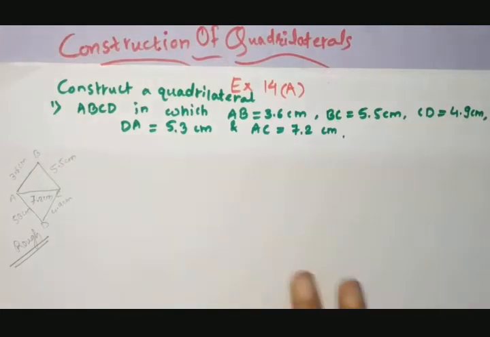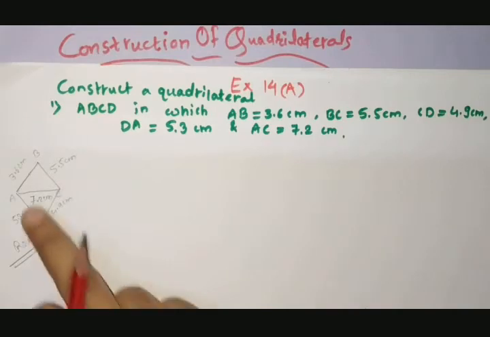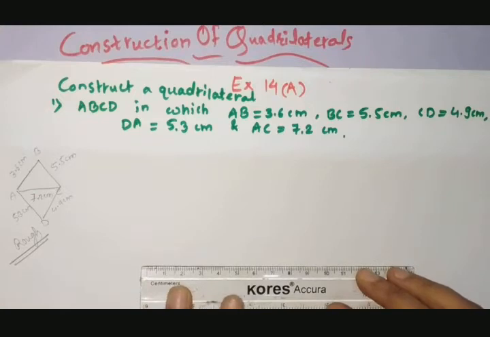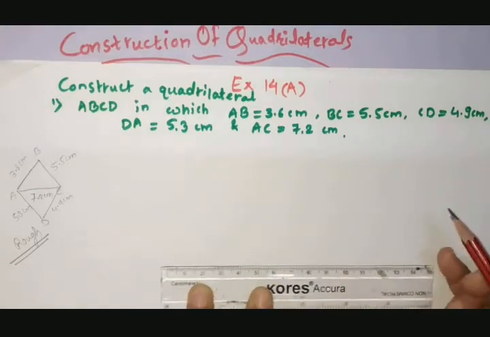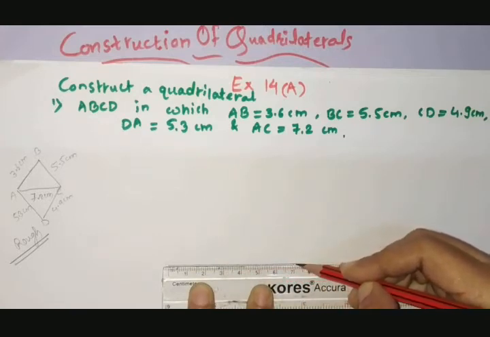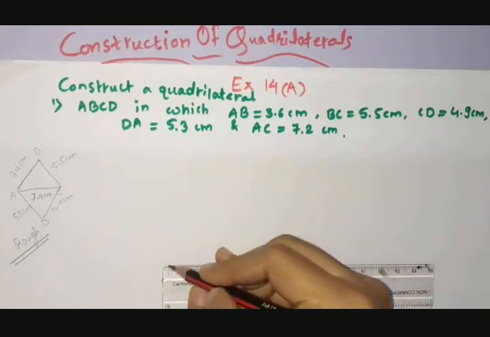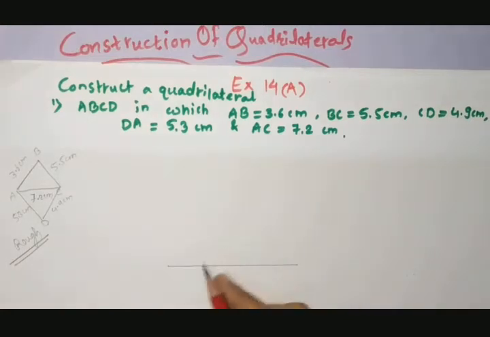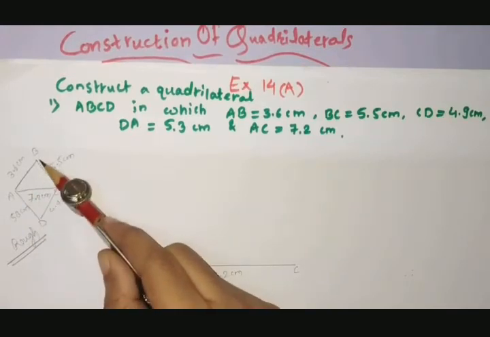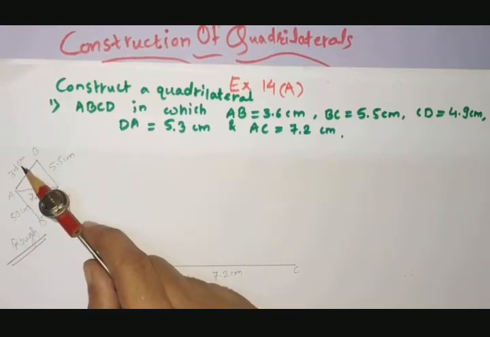Okay, now we'll draw the actual diagram here. First you need to take a scale. So take here AC, which is 7.2 centimeter, and name it AC. Now we need to draw this AB, which is 3.6 centimeter.